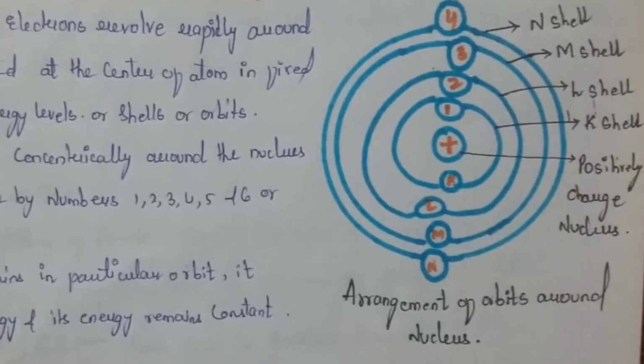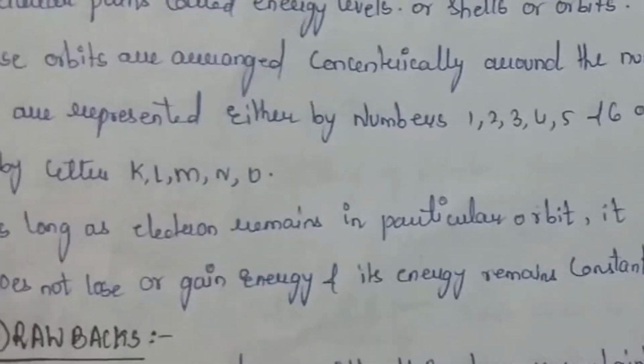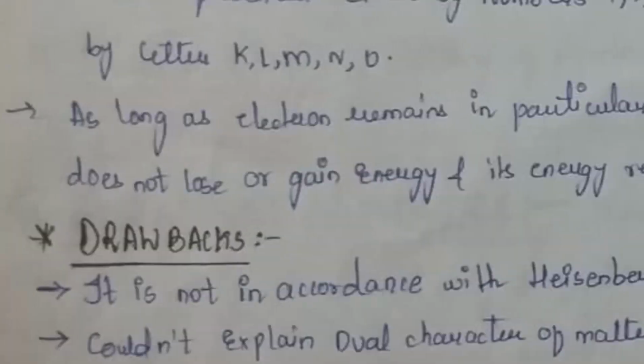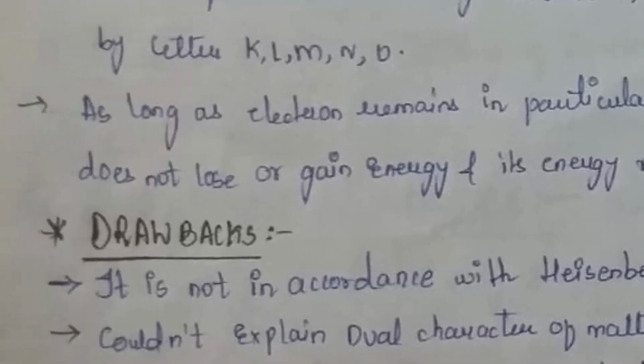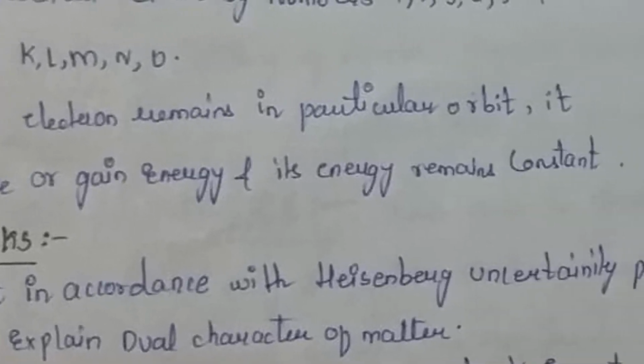Therefore, the representation is done either by numbers 1, 2, 3, 4, 5 and 6 or by letters, that is K, L, M, N, O. As long as an electron remains in a particular orbit, it does not lose or gain energy. Instead, the energy remains constant. This is the Bohr atomic model.